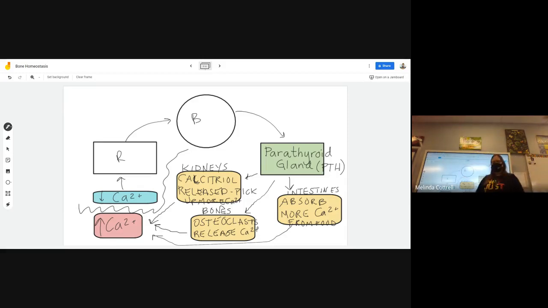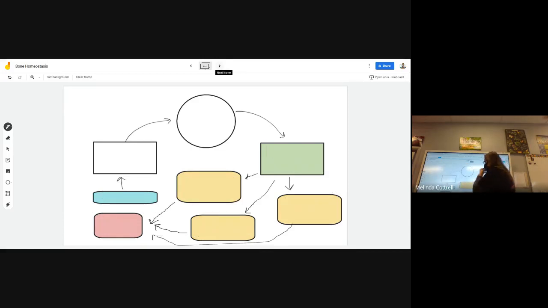Okay, so we're going to do that now for the other system when there's high calcium. So you're going to see the same thing here. The only difference is there's higher calcium now in the blood. So again, we've got our sensory receptors and we've got our brain as our control center. So we're kind of ignoring those two right now.